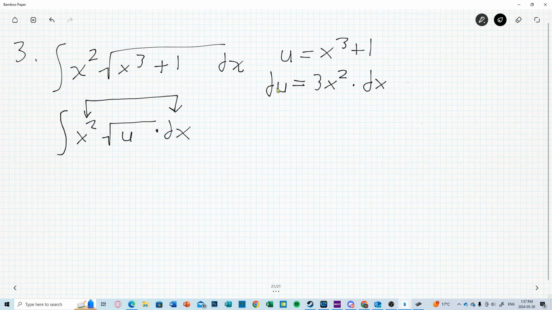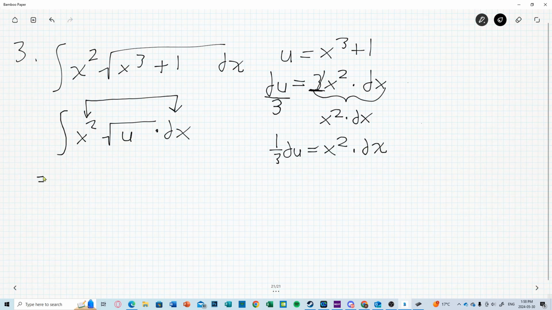If you look at the du right here, because we'll need this for later, we have to figure out a way to make this side x squared multiplied by dx. And if you notice, the only thing there is a 3. So we could get rid of the 3 and divide by 3 on this side. So it will become 1/3 du is x squared multiplied by dx.